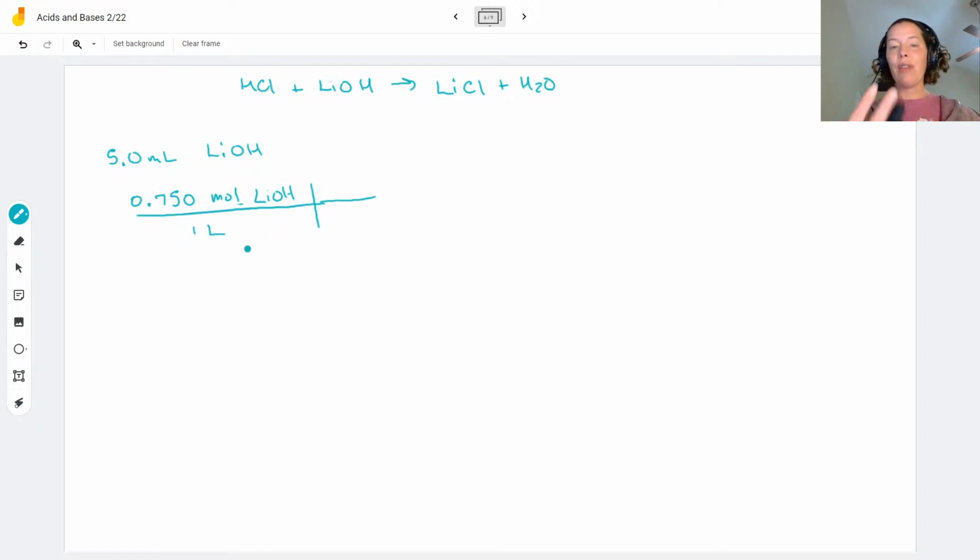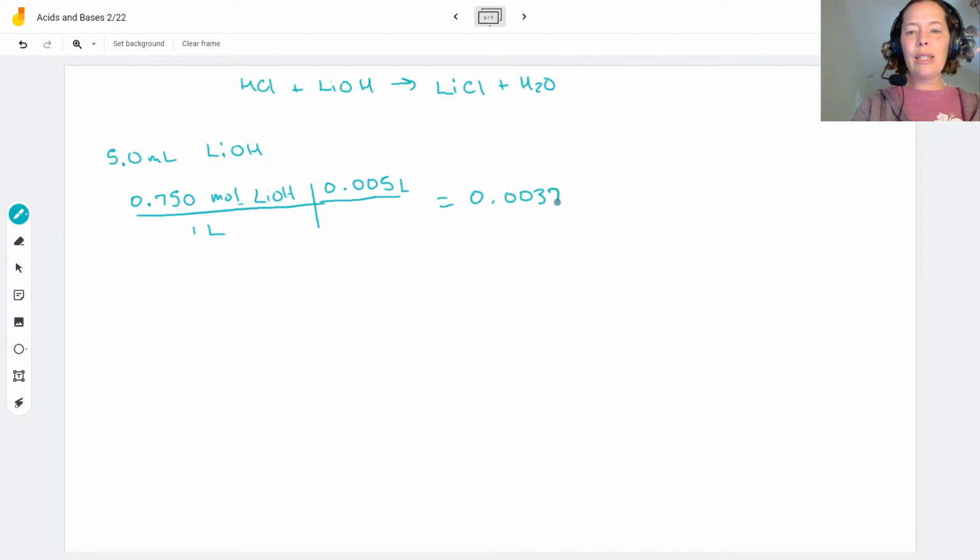My 0.75 is my concentration of lithium hydroxide. I have added 5 milliliters or 0.005 liters. Again, I'm just skipping over dividing by 1,000 to change milliliters into liters. So I have added 0.00375 moles of lithium hydroxide at this point.